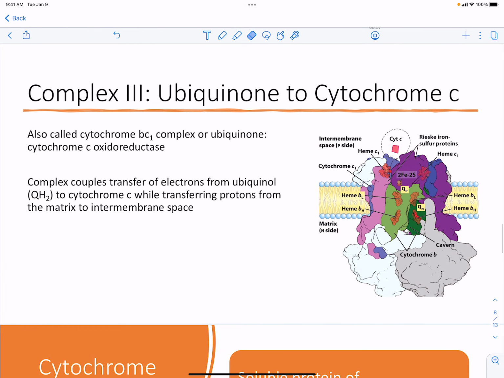Now the complex is going to be a dimer. It has monomers that create what's called a cavern. And within this cavern, you're going to be able to get movement of ubiquinone.